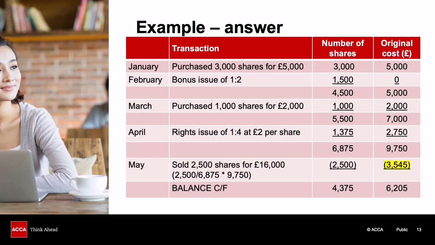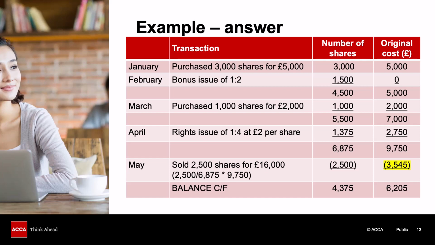Then there's a rights issue, and that's based on the number of shares she has at this point in time. So she has 5,500 shares. So for every 4 shares she's got, she has the right to buy an additional 1 share at £2. So taking up her full rights, she will end up having 1,375 extra shares, and that will cost her £2 each, so £2,750 goes in the cost column.